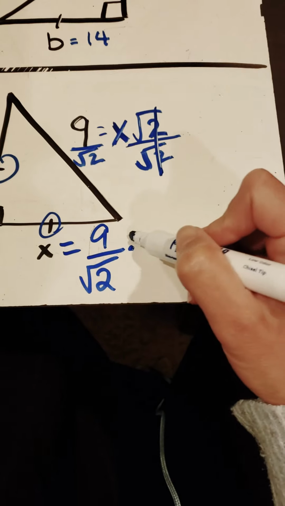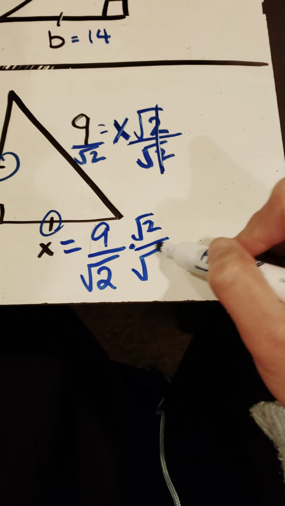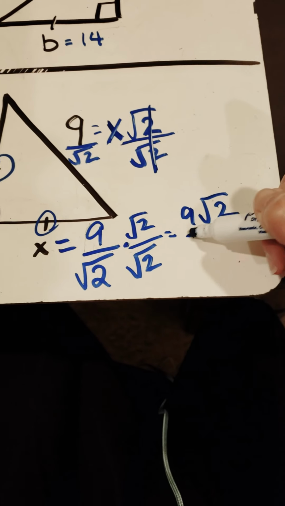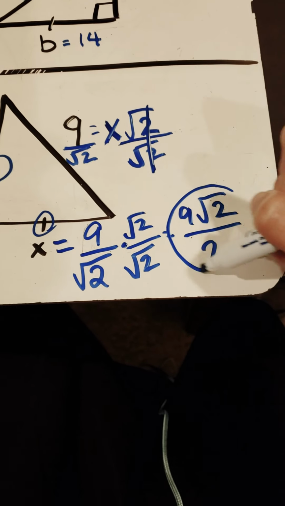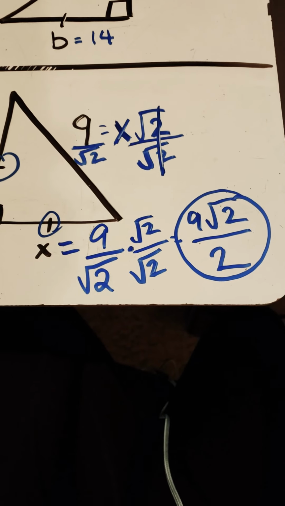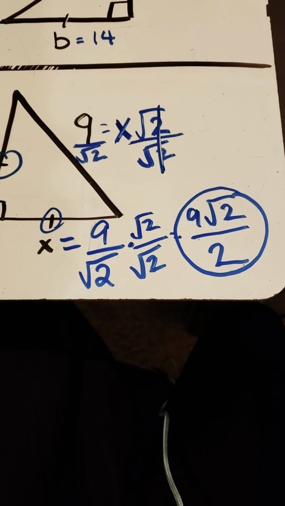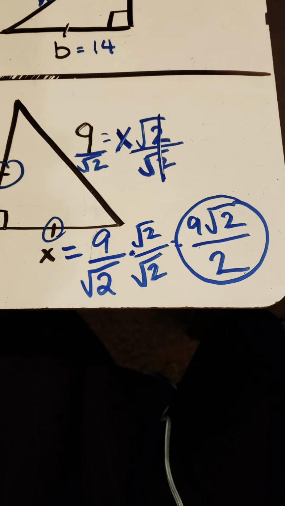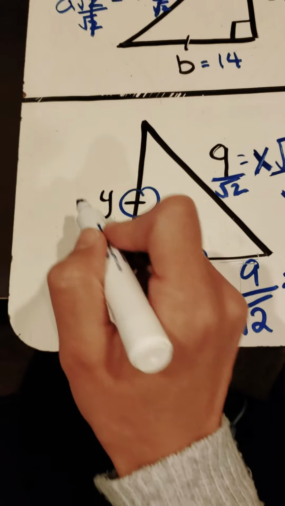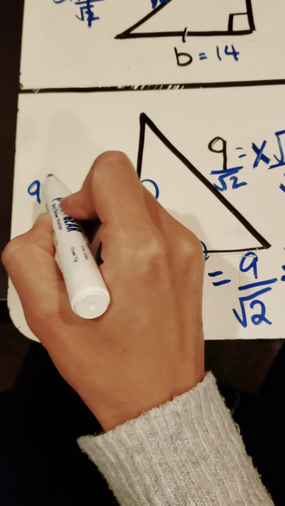I'm going to do this very quickly. All right, so I know that went very quick, but the length of our leg is 9 square root of 2 divided by 2. Now, if that's what x is right here, that's also what y is.